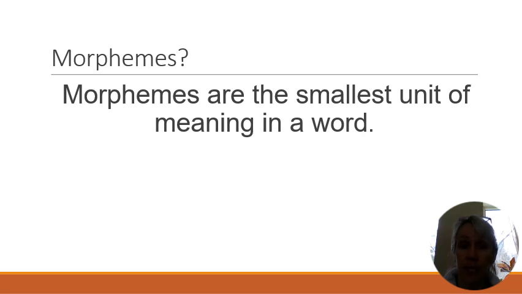In the previous chapter, we were introduced to phonemes, which were the basic units of sound in a word. We were introduced to graphemes, which are the letters or letter combinations that represent the basic units of sound in a word. And now we're talking about morphemes. Morphemes are the basic or smallest unit of meaning in a word.